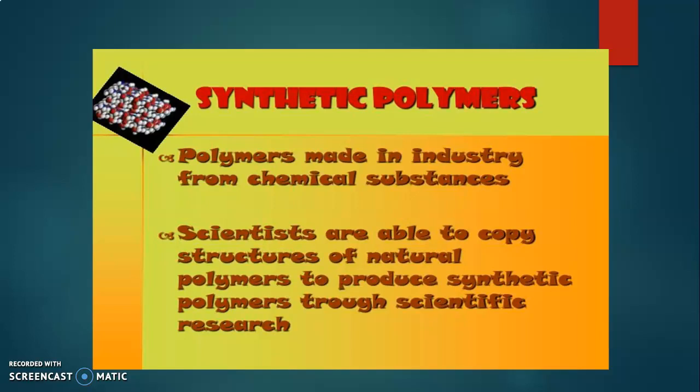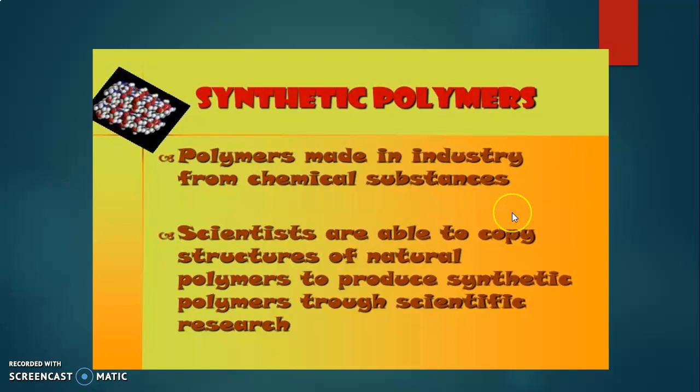As we all know, synthetic polymer actually comes from petrochemicals, which undergo a monomer fabrication process to produce monomer. And then all these monomers will undergo the polymerization process that we have learned, which is step condensation and chain condensation. So the purpose of all these processes is to create synthetic polymers.